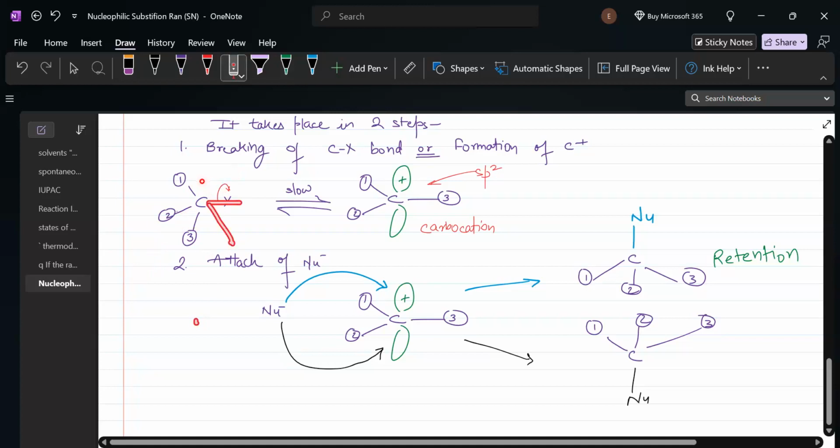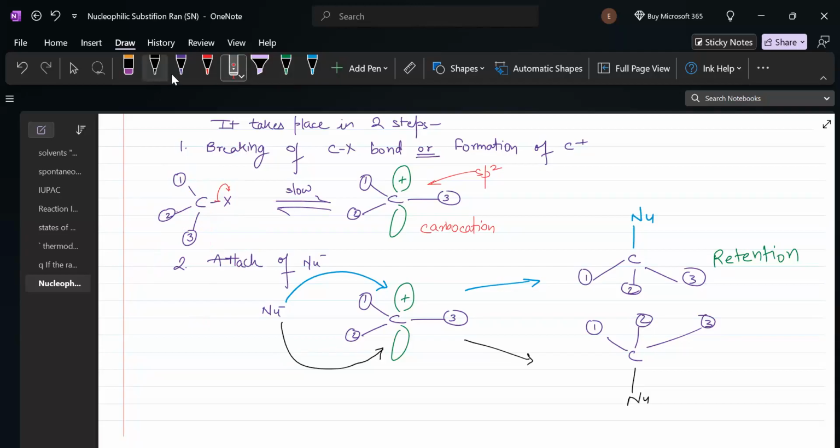Got my point? Amna, if the nucleophile attacks from this side, this one will come here, two will come here, and three will come here. Okay, are you getting this?